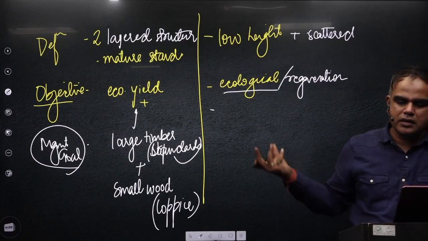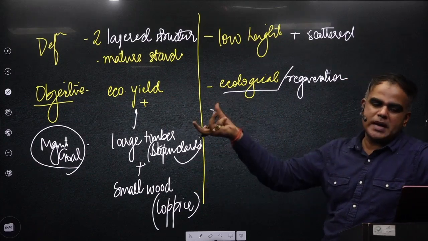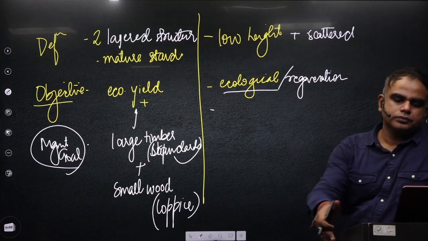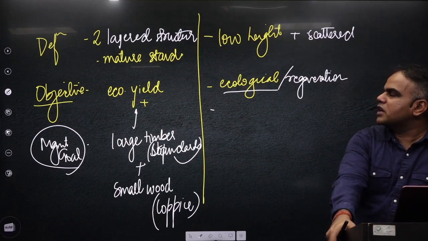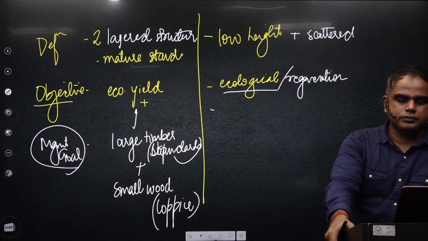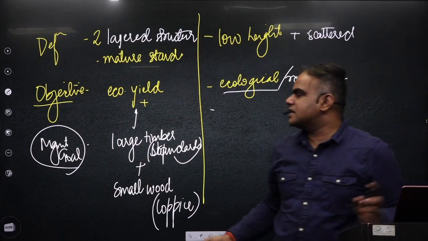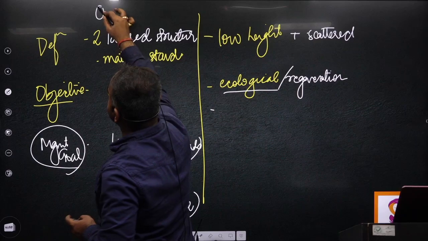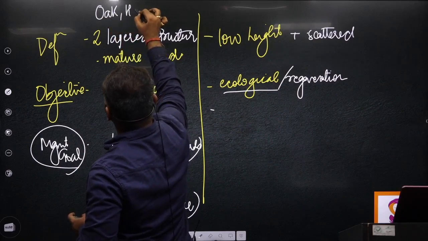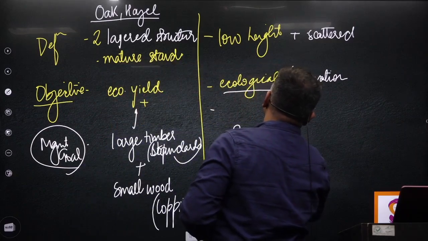Whereas here the focus is only on the small wood that you will get from coppice. Other trees are left only for regeneration or for ecological purposes, that's it. Here you can take the example of an oak-hazel combination. Here you can give the example of scattered birch trees.